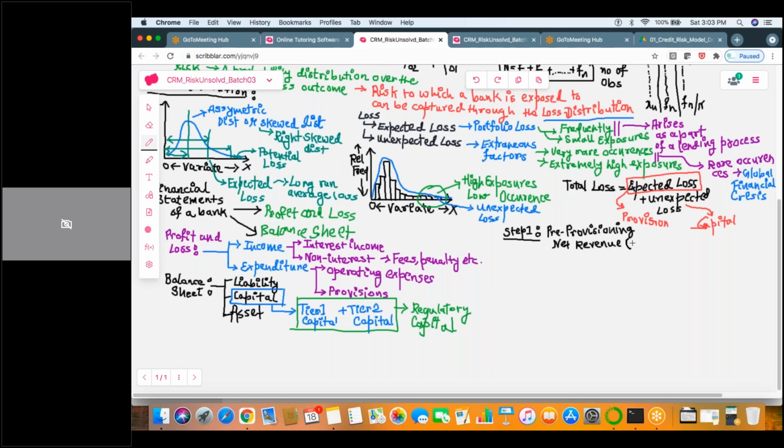Now this pre-provision net revenue is very famously called the PPNR. The next question that comes up is how exactly is this PPNR calculated?